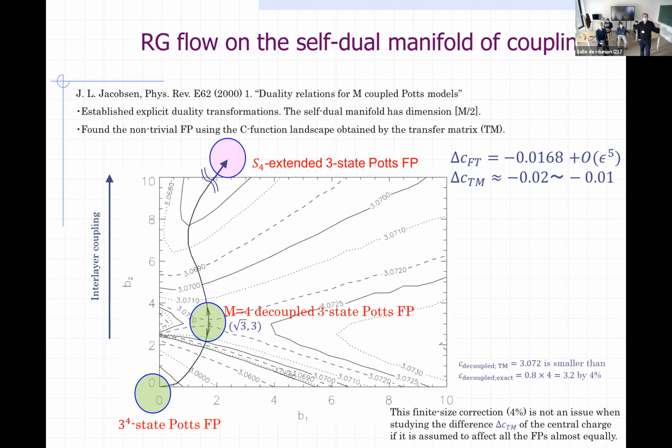By the way, this model probably has an irrational central charge. Probably, but we don't know. Yeah, we don't know. But at least I think there is a no-go theorem about the existence of an extended chiral algebra.